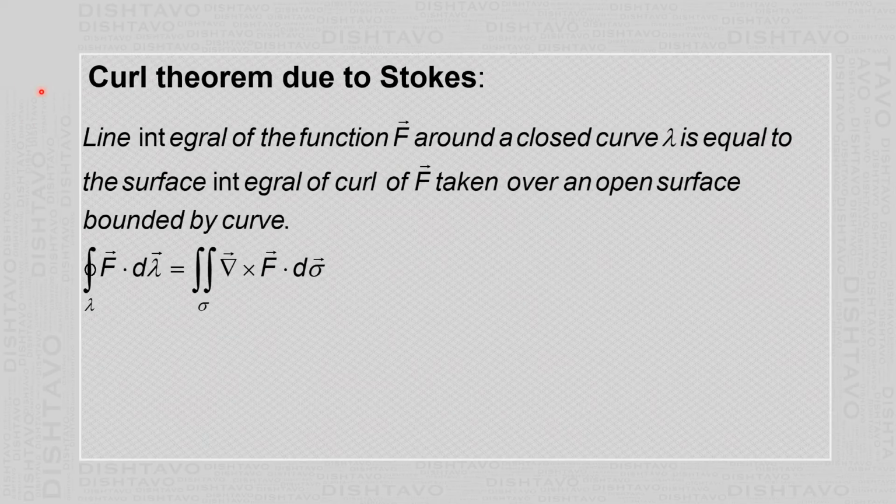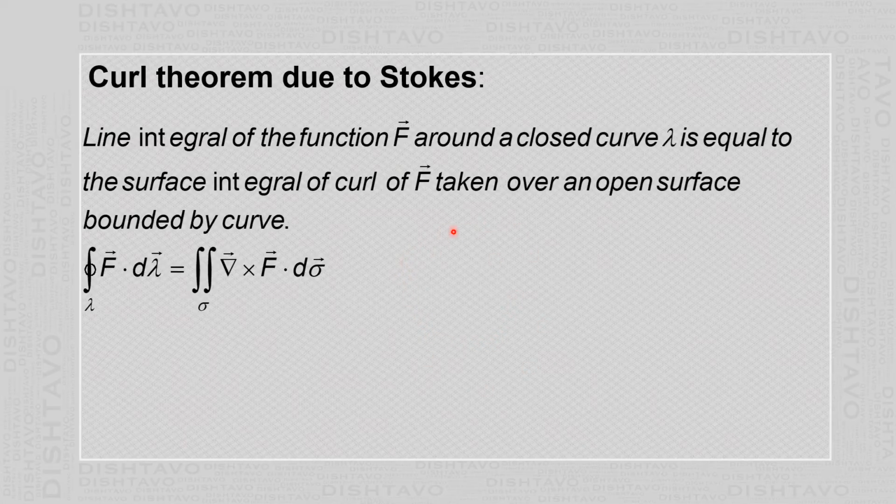The second theorem, which is very important to know, is the curl theorem, and it was given by the scientist known as Stokes. It is called the curl theorem due to Stokes, or simply the curl theorem. Now suppose you have a surface. This surface will have a periphery, a boundary.